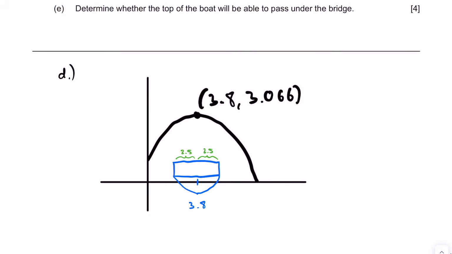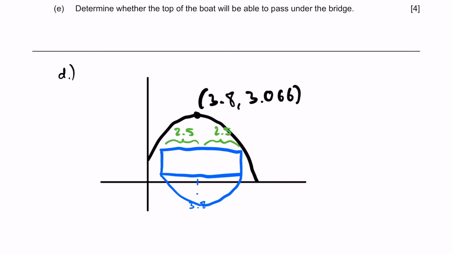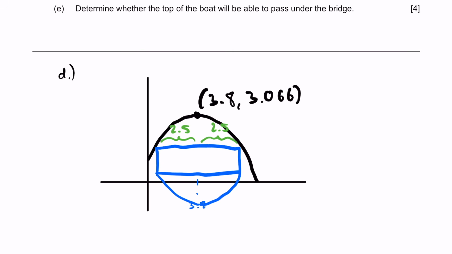So once again, here's our boat. It's traveling down the river. Maybe I can even make it a little bigger to try to capture what's going on in some sense. Here's the boat, and we don't actually know whether it's going to hit the sides of this arch.